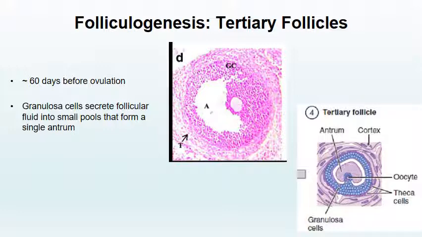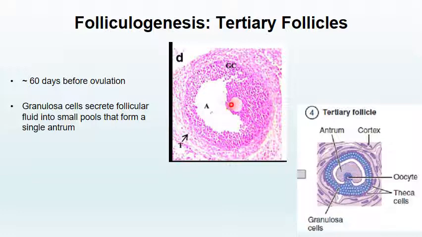Moving even closer to ovulation, so now we're about 60 days before ovulation, so this would be 2 menstrual cycles. We're going to see a couple of the recruited cells become tertiary follicles. So in the tertiary follicles, we see our follicular cells are going to start secreting fluid or liquid into the middle of the structure. So we have this sort of open space here.